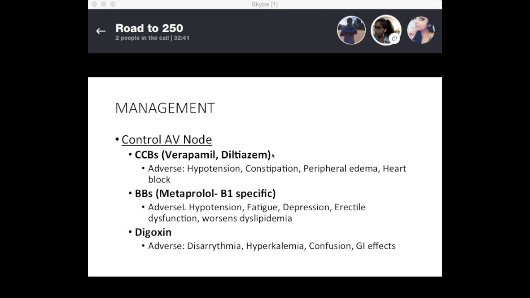So with verapamil and diltiazem, I can see constipation, but peripheral edema might not be a side effect for these two drugs. Sure, okay. I would agree to that. In general, when talking about calcium channel blockers with dihydro and non-dihydropyridines, you can consider these adverse effects. I'm not saying that peripheral edema would be the number one side effect for sure.